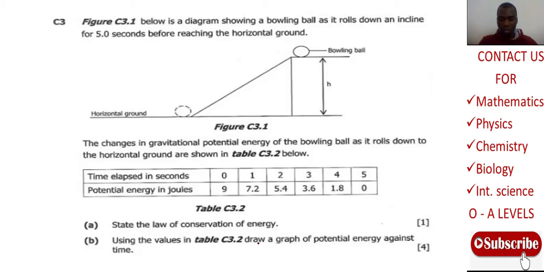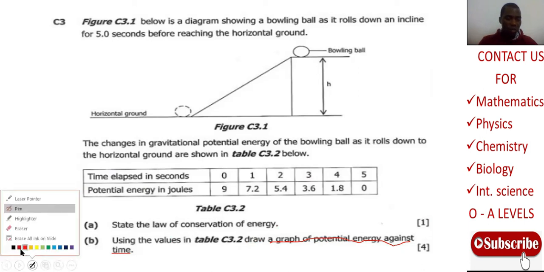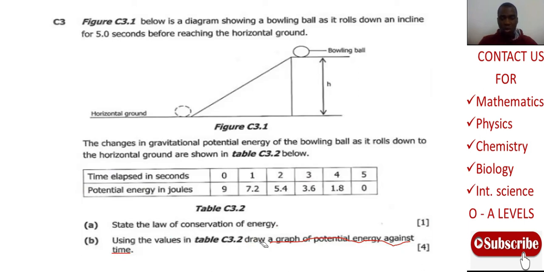It's very important that you understand that a graph of potential energy against time is the title of the graph. Not only is it the title of the graph, but it is also trying to show us something here.